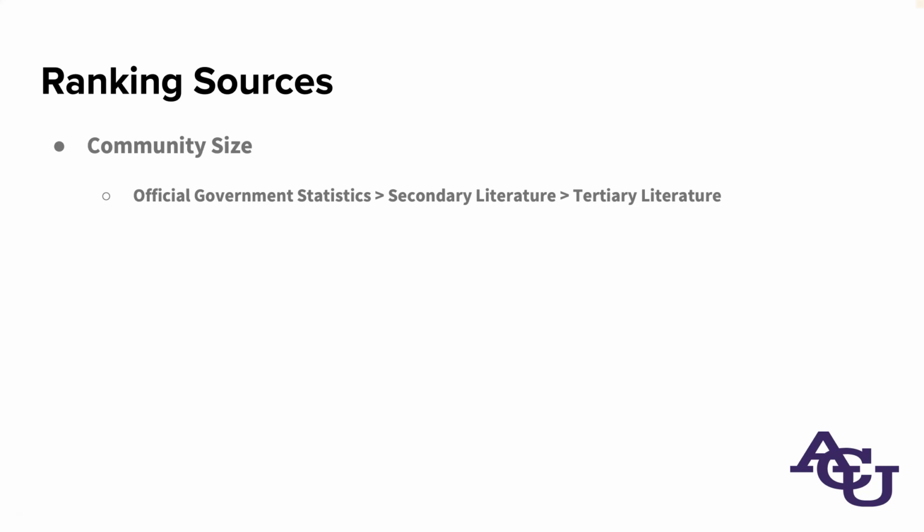So it's something like an encyclopedia entry would be considered tertiary or quaternary literature. So we want to avoid that. Look for government statistics if it's available, and if not, look at secondary literature.